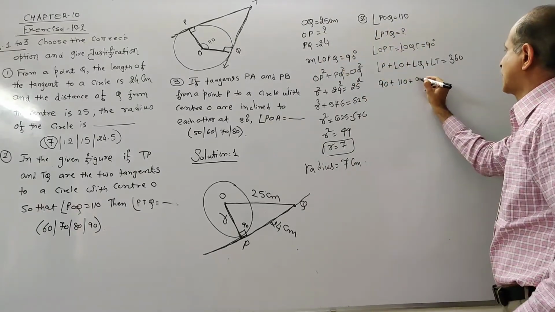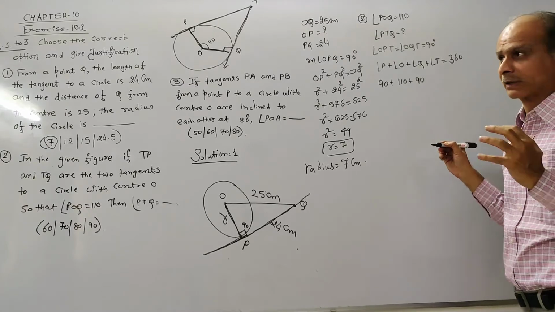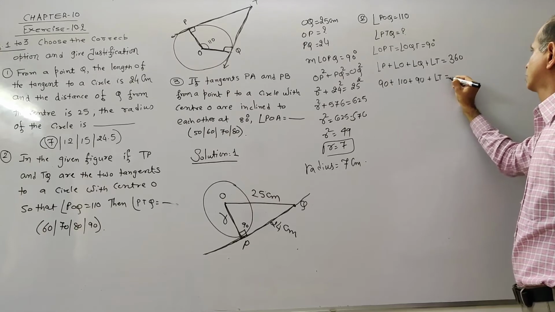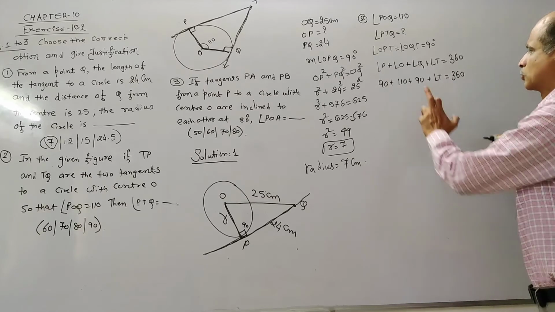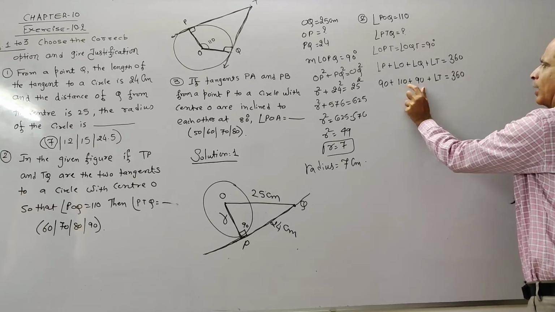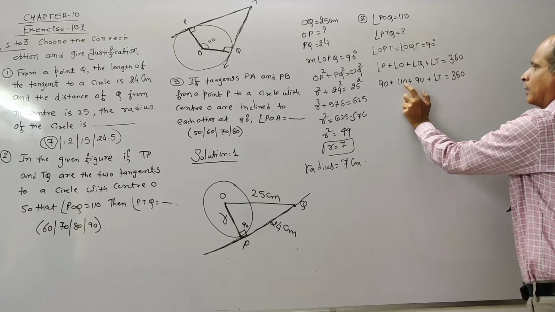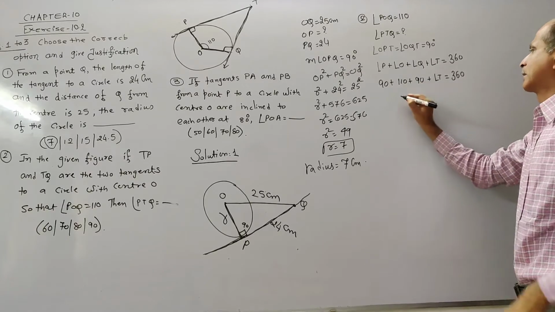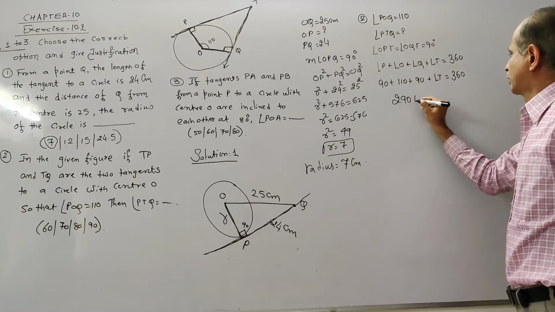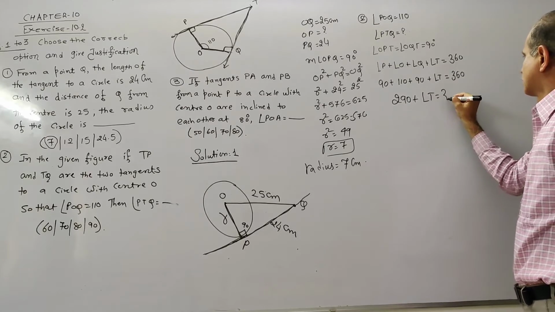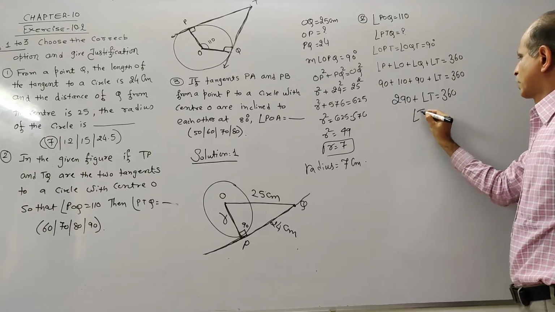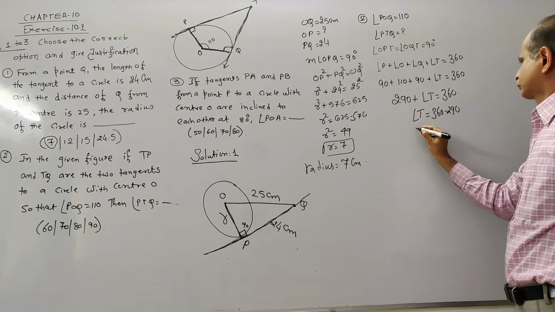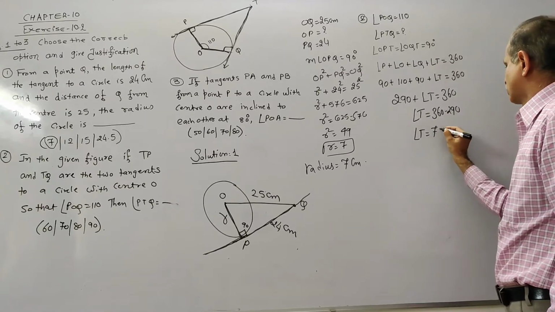Plus angle Q is 90 degree according to concept number 9, plus angle T, that you have to find, so it is 360. So 90 plus 90 is 180, 180 plus 110 is 290. So 290 plus angle T is equal to 360. So angle T is equal to 360 minus 290. So angle T is equal to 70 degree.